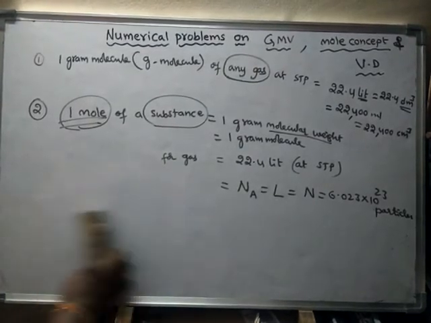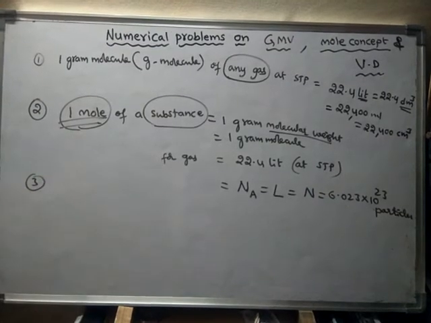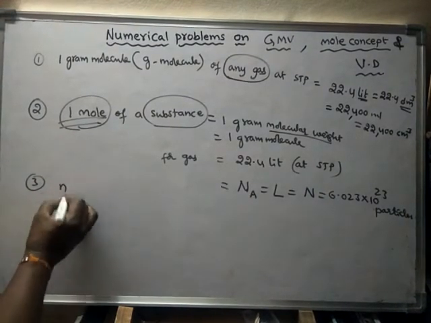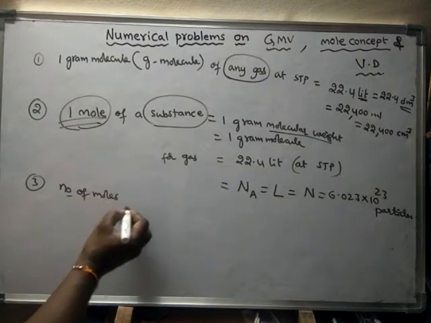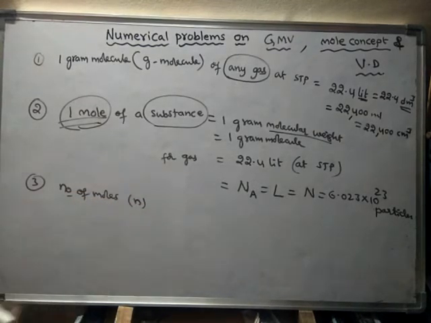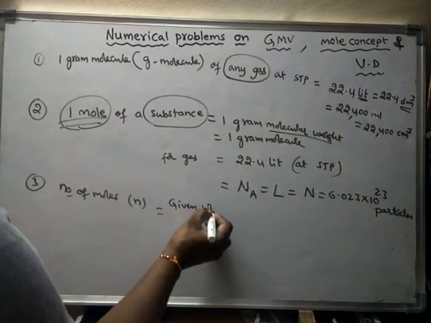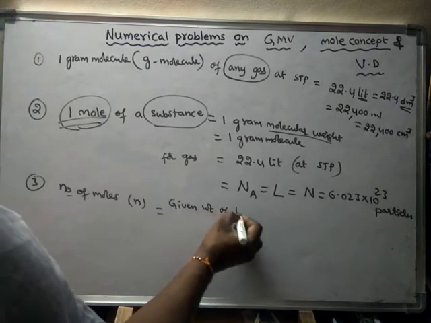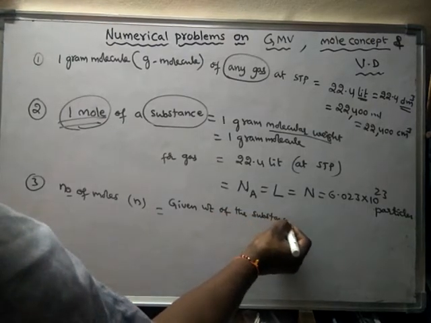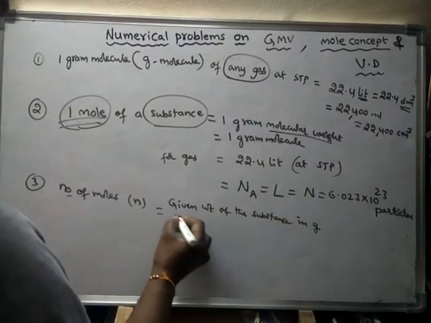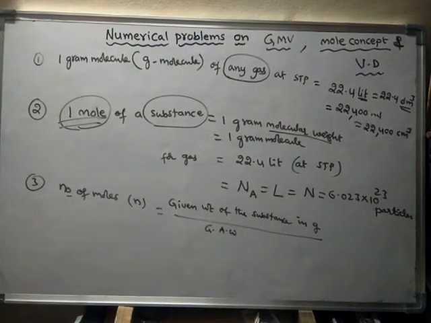And one more thing, number of moles, denoted by small n, is equal to given weight of the substance in grams by gram atomic weight.